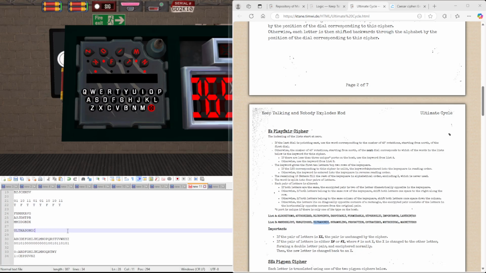So we're getting to the moment of truth now. If this doesn't end up giving me anything in the end. Okay. The word is entered. It's in reading order.